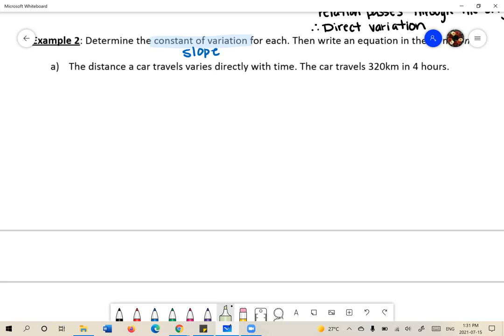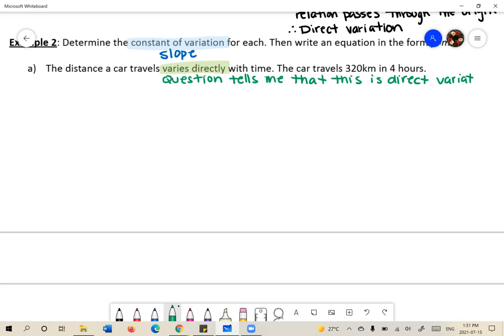The car travels 320 kilometers in 4 hours. It already tells us that this is a direct variation because it says it varies directly. The question is asking us to use the formula y is equal to mx.